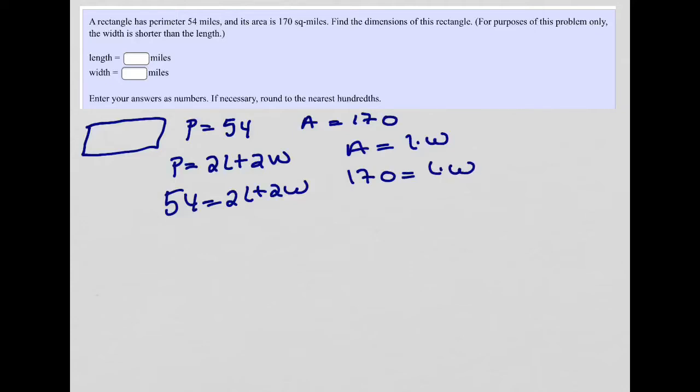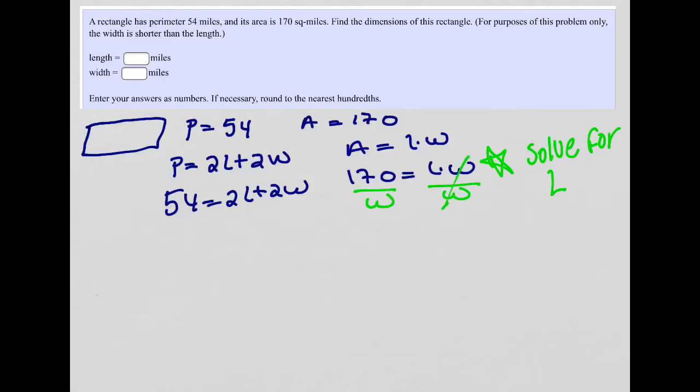Now, I am going to use the substitution method to solve this, and I'm also going to use the concept of literal equations. So I'm going to start with the area formula, and here I am going to solve for the length. So I need to divide by the W on both sides.